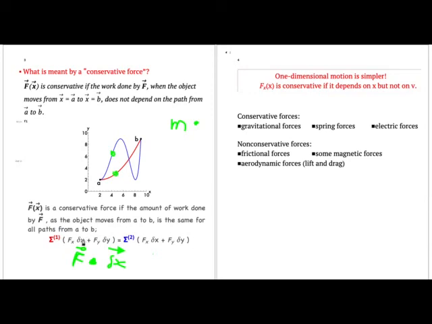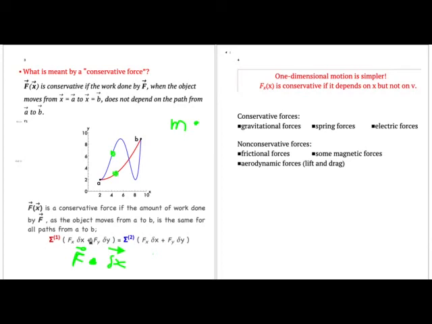For a conservative force, the two calculations of work will be equal, even though the particle has moved over a completely different set of points, and the force is changing as it moves from A to B, because the force depends on position.